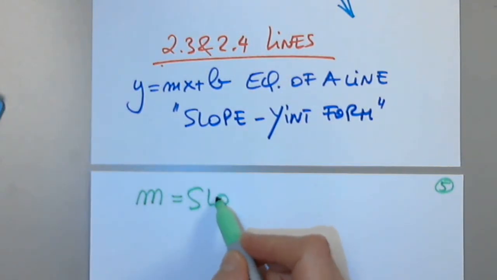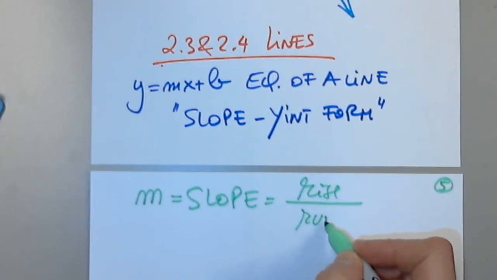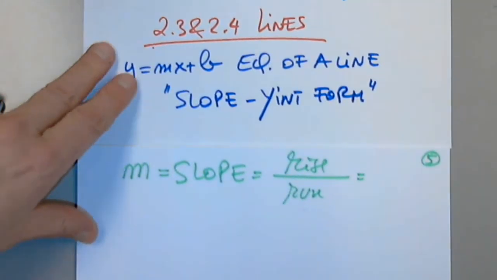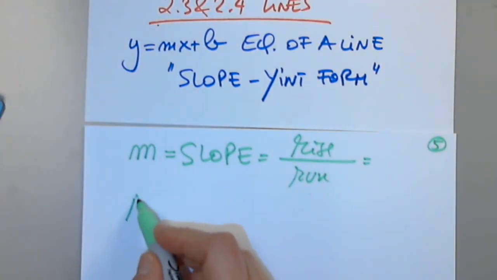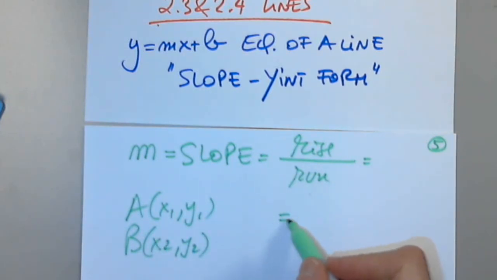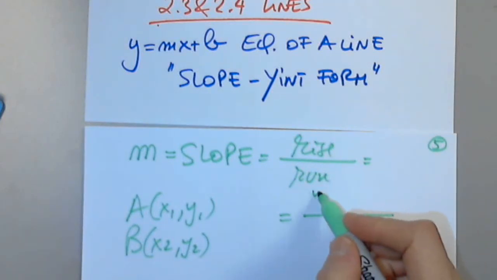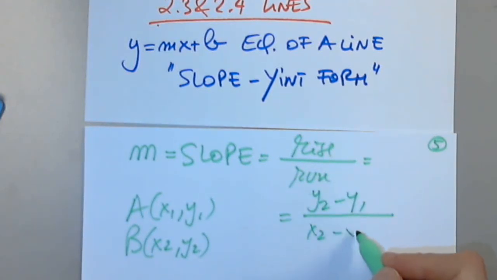It is the slope, which is also rise over 1. So now if we have 2 points, let's say I have point A, which is x1 comma y1, and point B, which is x2 y2. How will I write the slope given 2 points? The rise is the difference in y's, so the slope is y2 minus y1 over x2 minus x1.